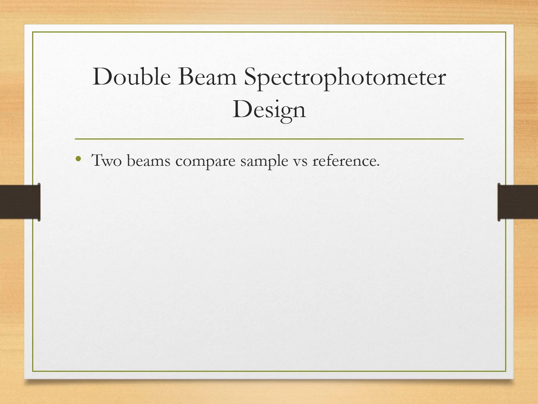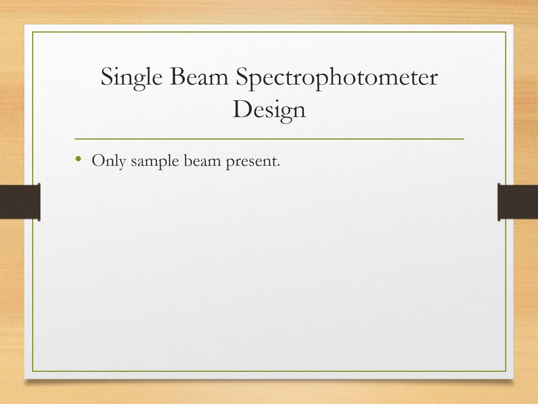This design corrects for lamp fluctuation and improves accuracy. It is more accurate because the two beams pass through the sample and reference at the same time.